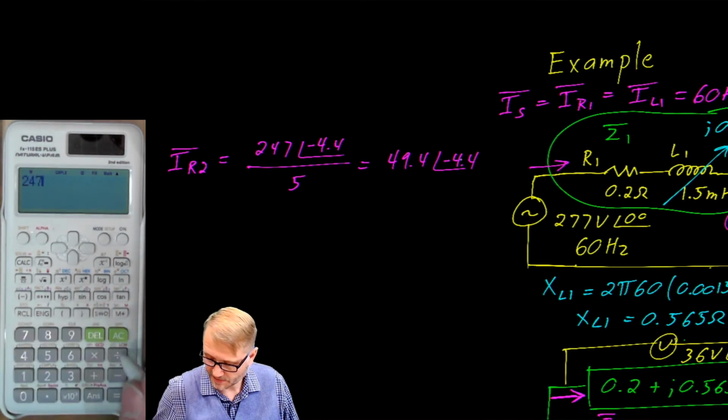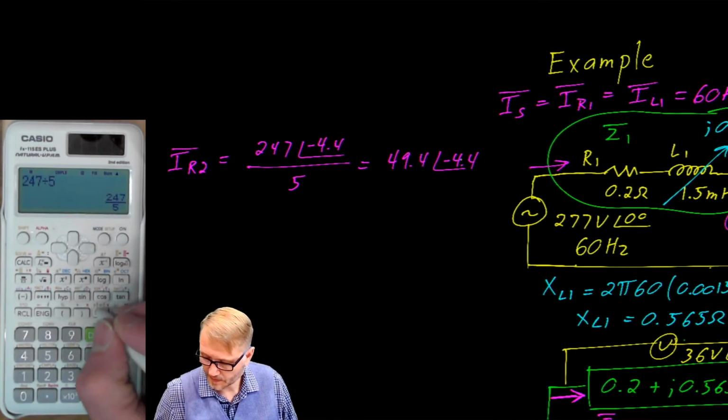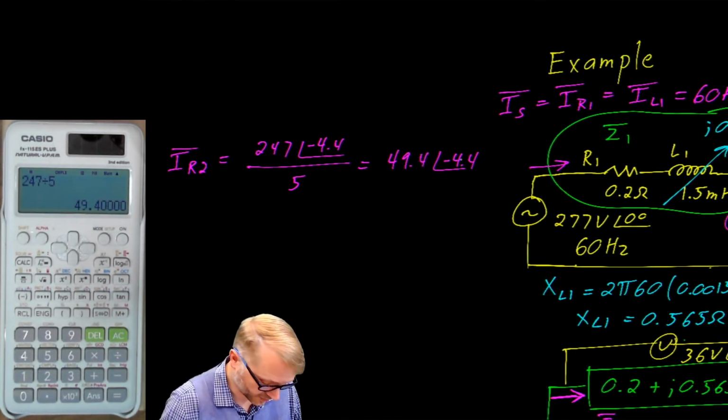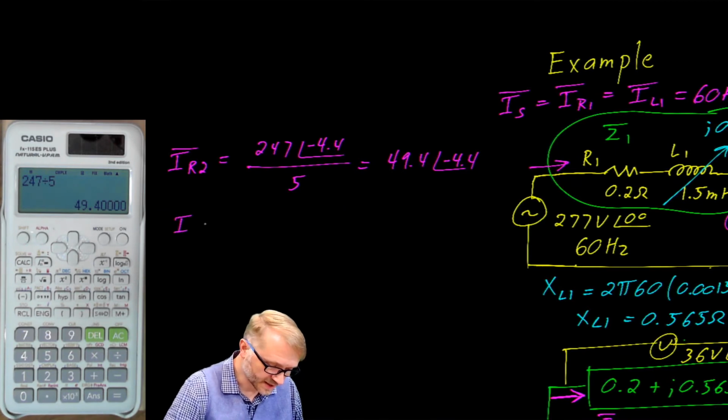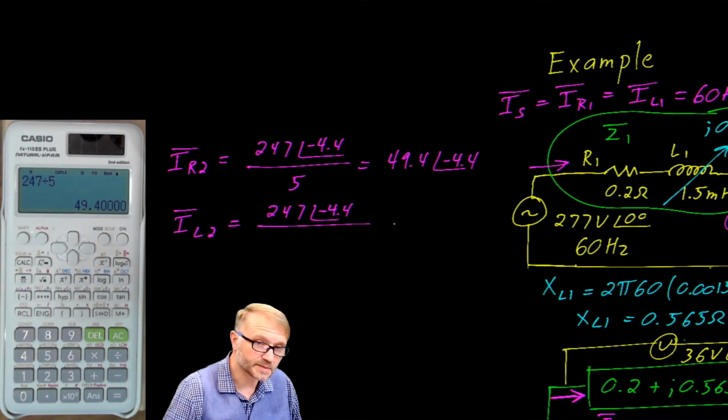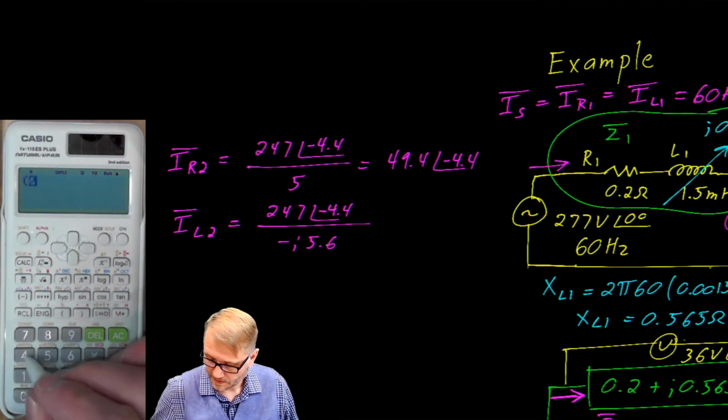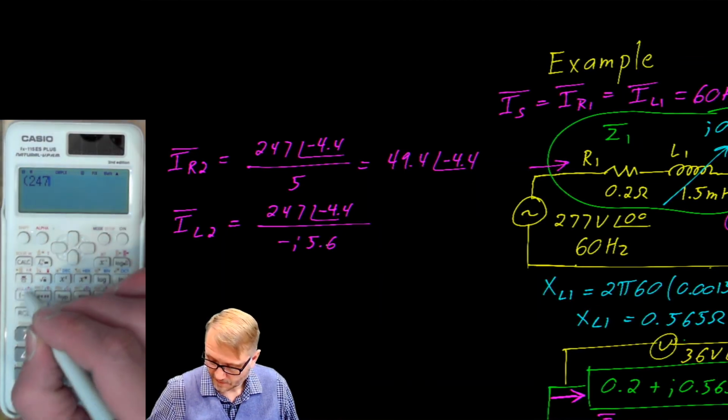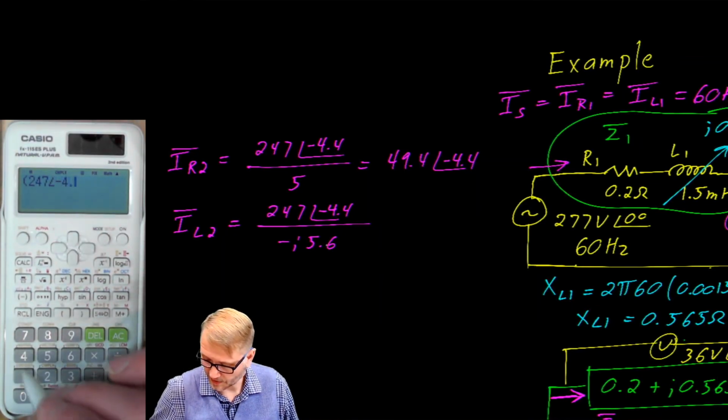So 247 divided by 5 is 49.4. The current on L2 is that voltage divided by the impedance of the inductor, so negative j5.6, 247 at a phase angle of negative 4.4, divide.